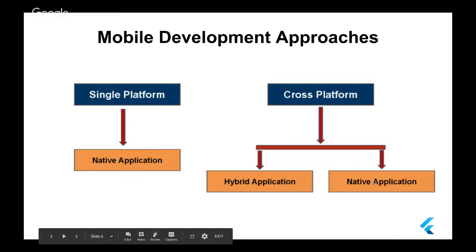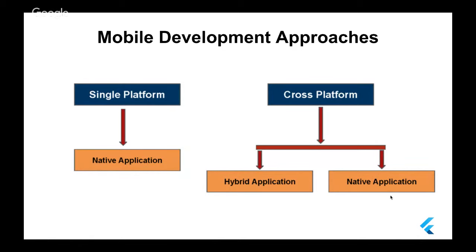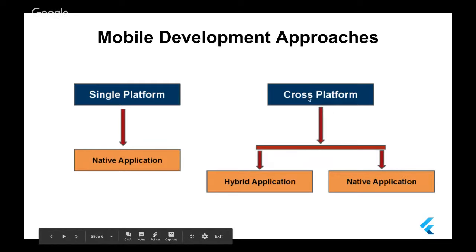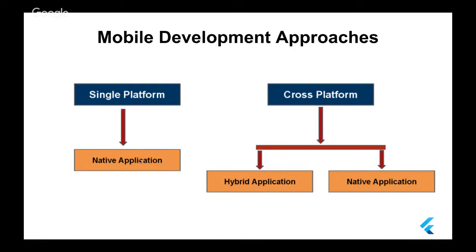So the question now: what's the difference between the native application that we get from using a cross-platform tool and the native application here on the left side that we get using the single platform approach? The main difference is that here we get both iOS and Android applications.